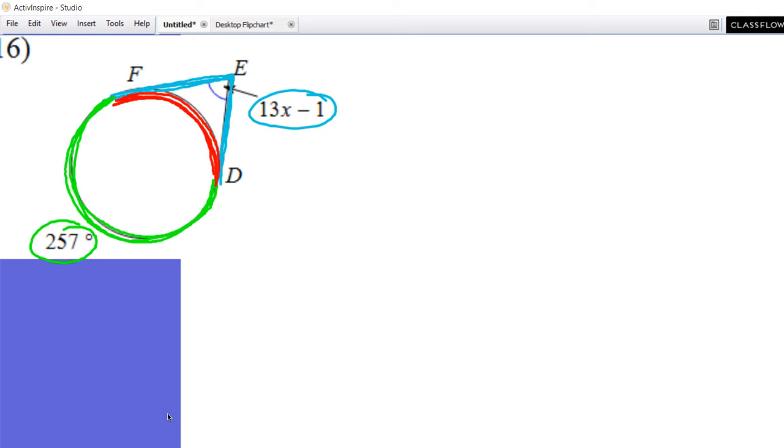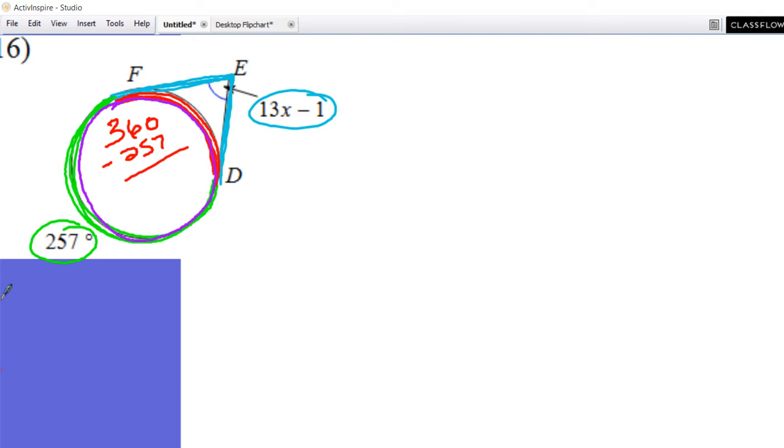Remember that every single time I make up a complete circle, from green all the way to the red, both parts together make up 360. So to find the red, I can always subtract. So I can do 360 minus 257, and that's going to give us the measurement of our arc.